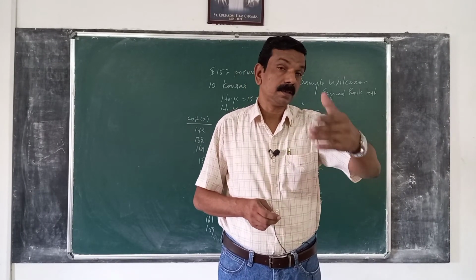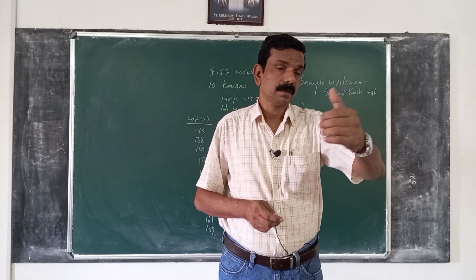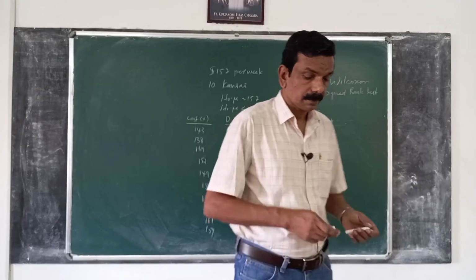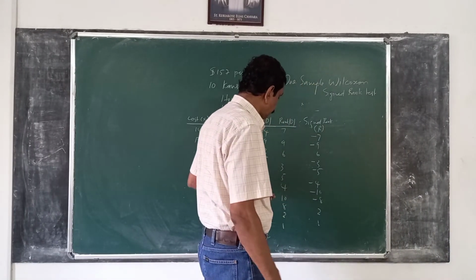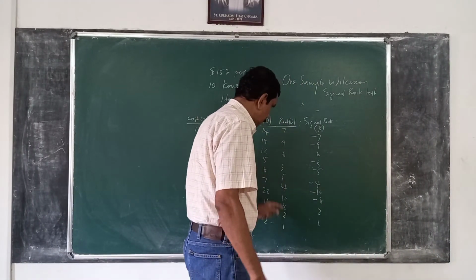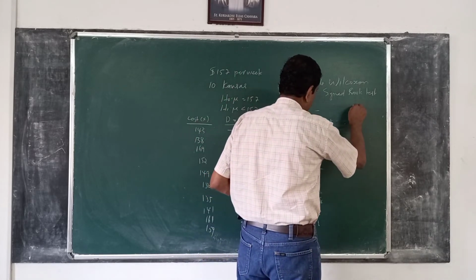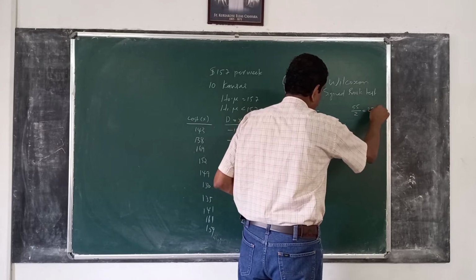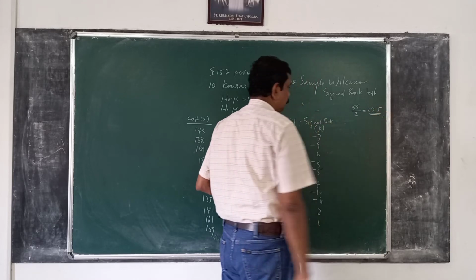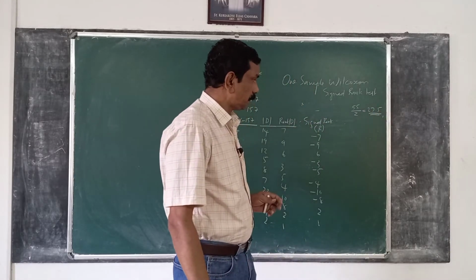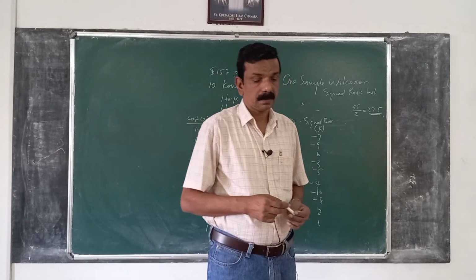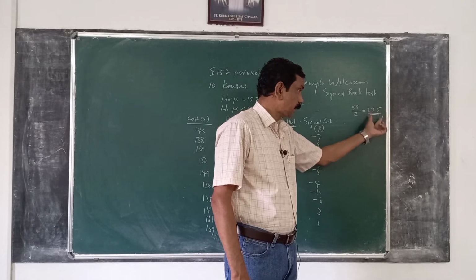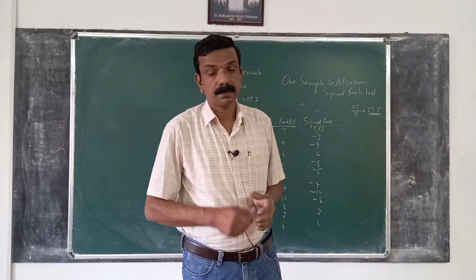And if you add these ranks, you will get 57. So 57 by 2 is 27.5. So it is assumed that the sums of positive and negative ranks will be roughly 27.5.